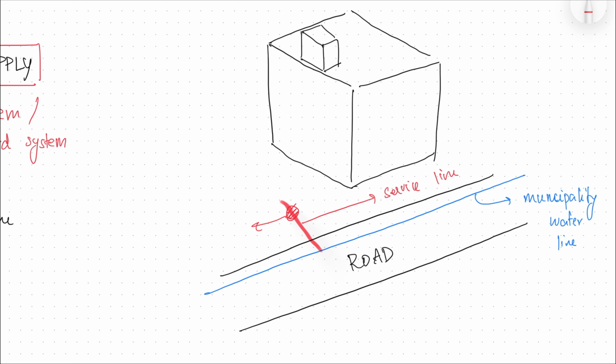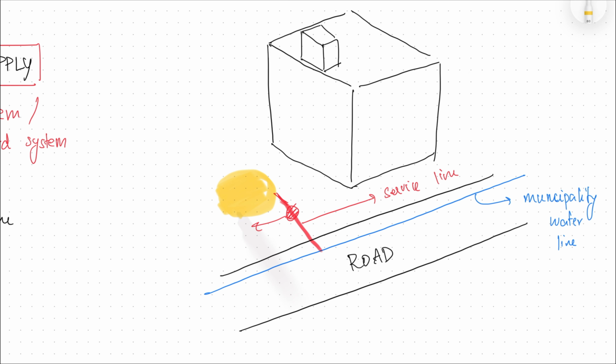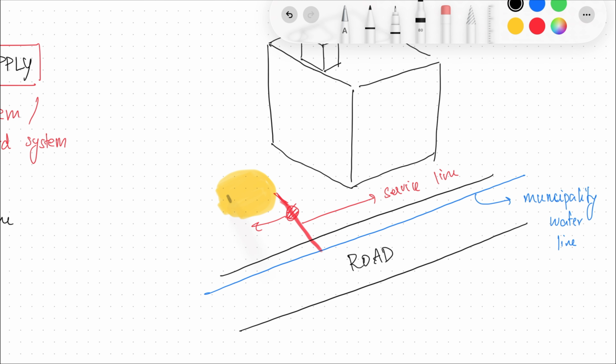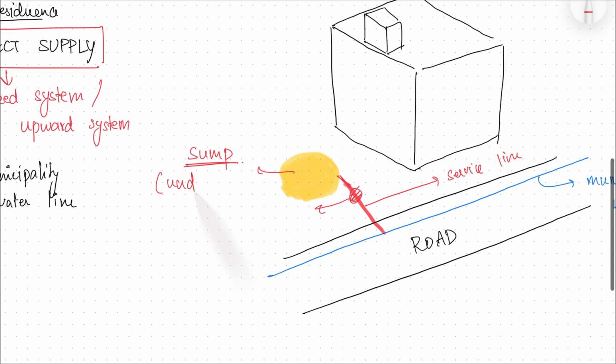But instead of directly supplying to the building, it is first stored in a sump. And sump is basically an underground storage tank, and it's also called the suction tank, while people generally call it a sump.